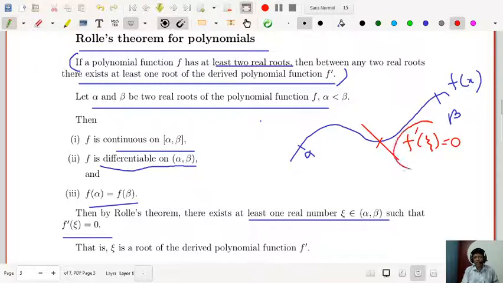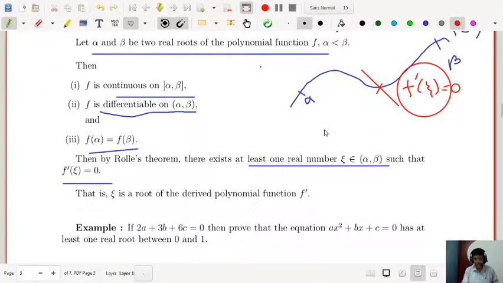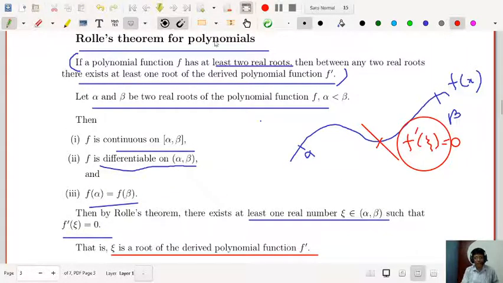What is f dash? It is the derivative of the polynomial, the derived polynomial. That means xi is a root of the derived polynomial f dash. That is the concept, and that is the statement of Rolle's theorem for polynomials.